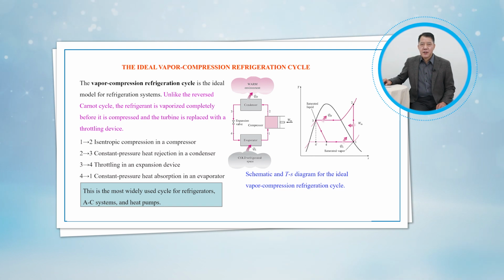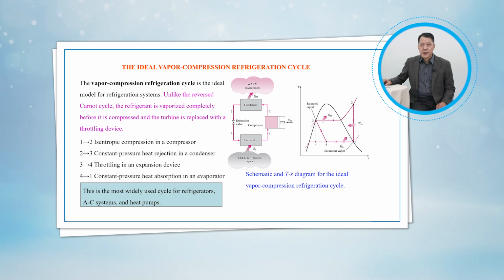In an ideal vapor compression refrigeration cycle, the refrigerant enters the compressor at state 1 as saturated vapor and is compressed isentropically to the condenser pressure. The temperature of the refrigerant increases during this isentropic compression process to well above the temperature of the surrounding medium.